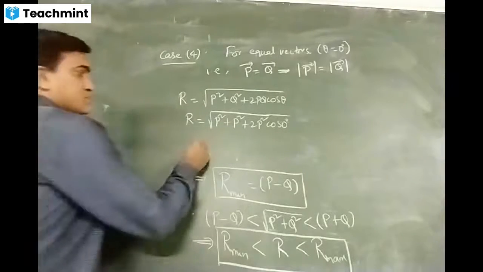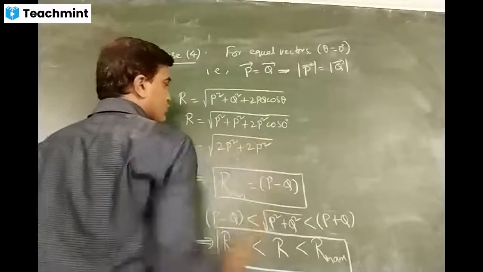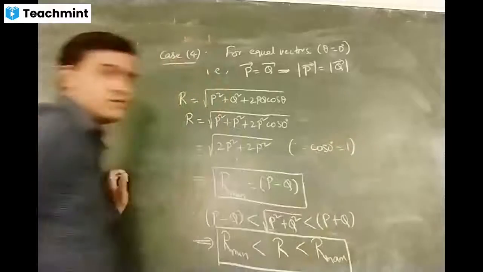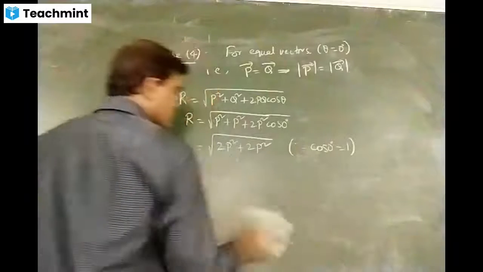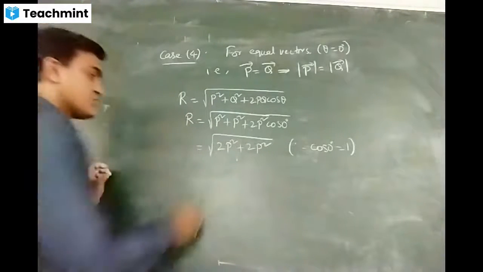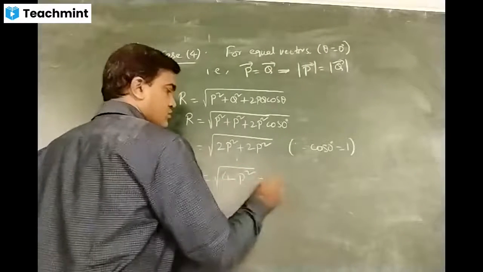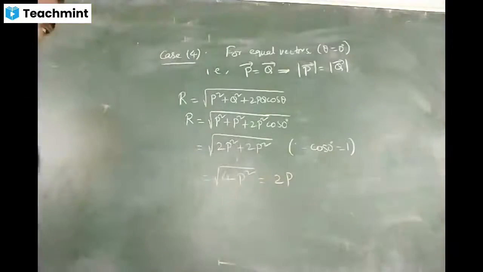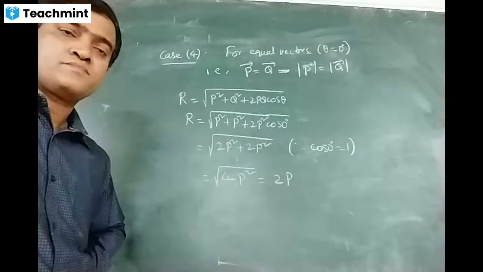Square root of 2P square plus 2P square, which is root of 4P square. Now what am I getting? 2P. And we got one value for magnitude of resultant as root 2P. You remember?